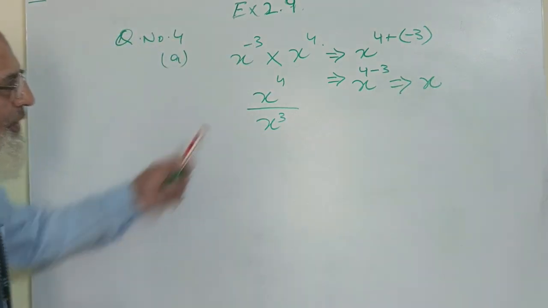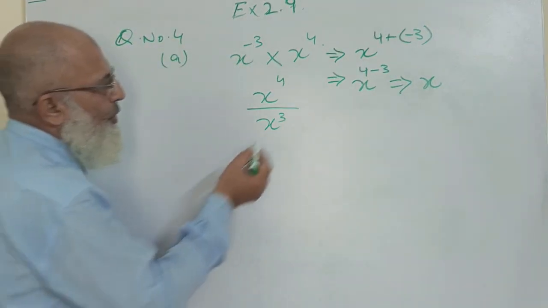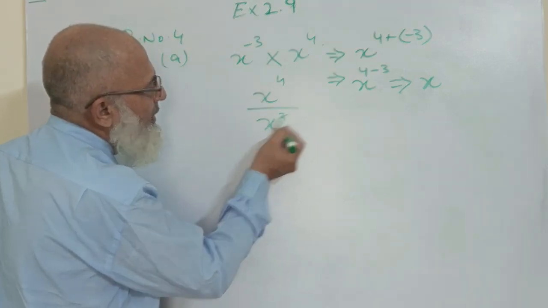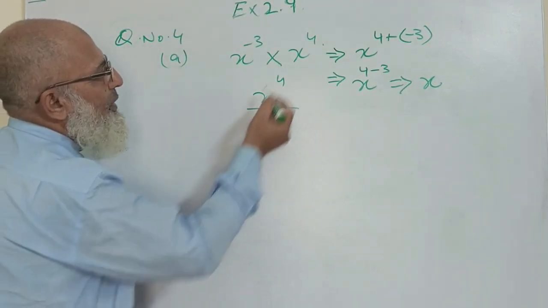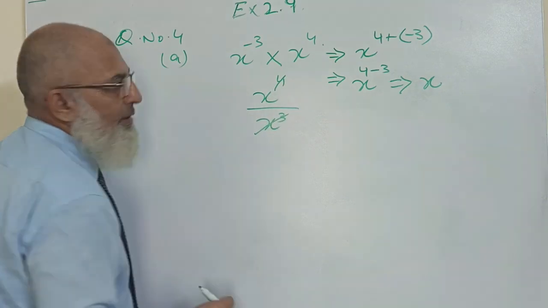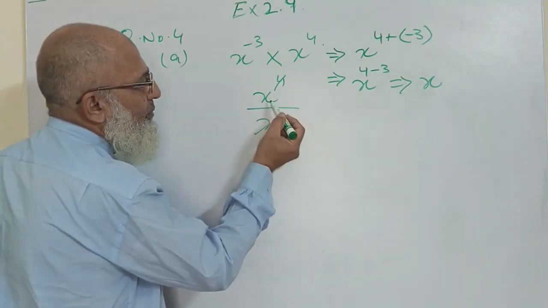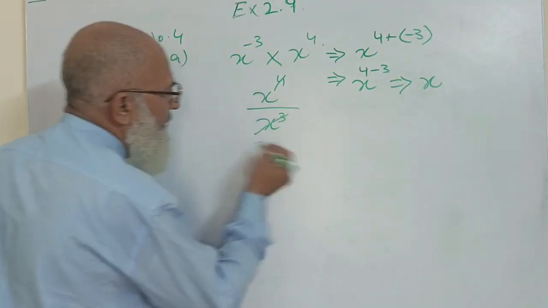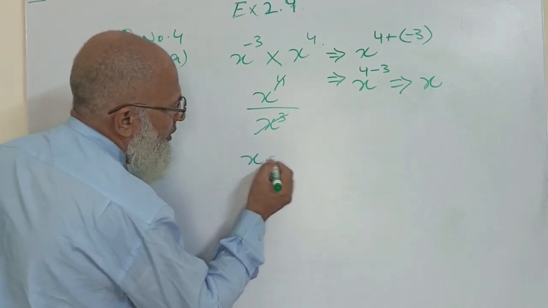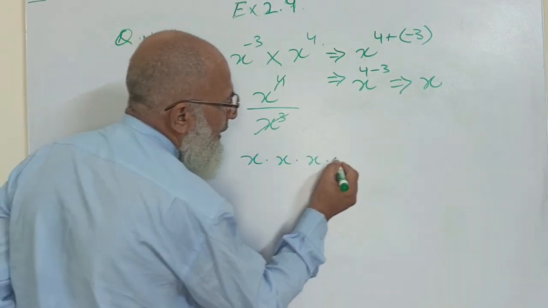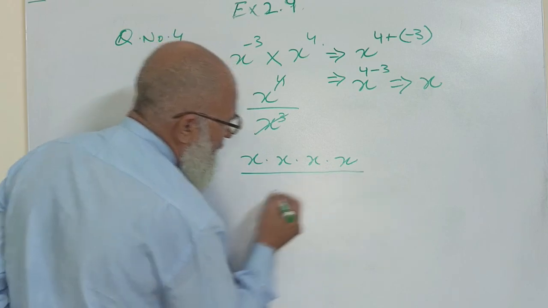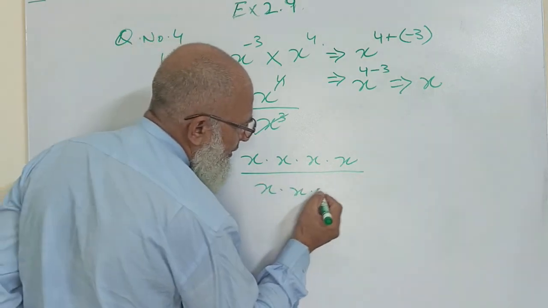So x. Now if you elaborate this in detail, you see that three x will be cancelled with this. Only one x will remain. You need not write this.